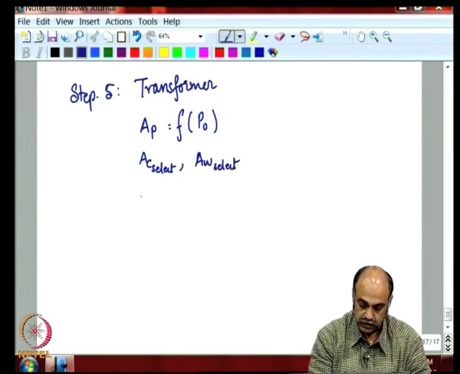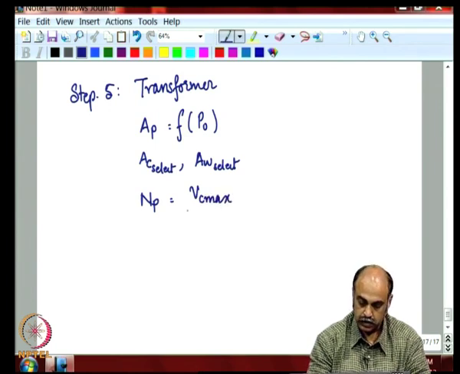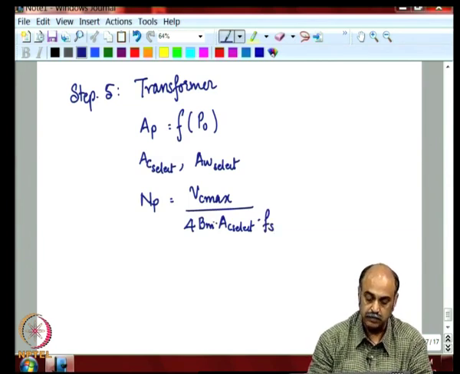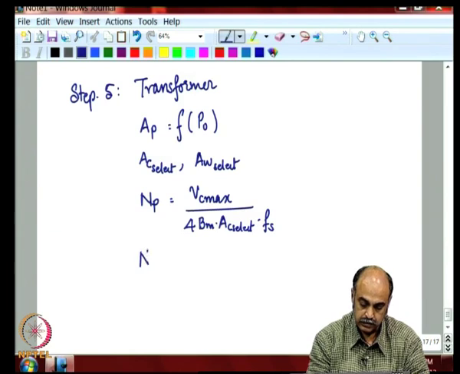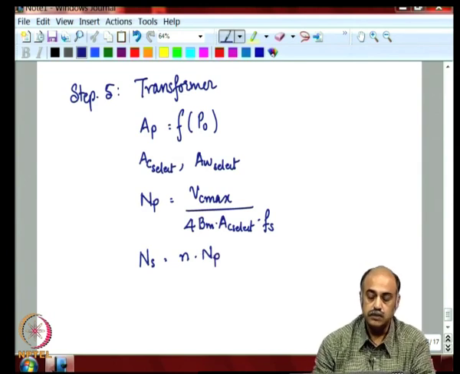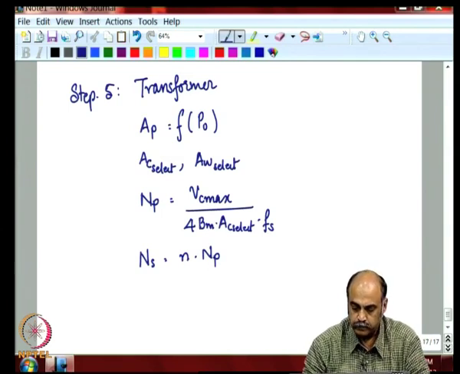So, once the core has been selected, you can calculate the NP using Faraday's law, which is nothing but Vc max. It has to support maximum voltage divided by 4 Bm AC selected into Fs. This is nothing but from the Faraday's law. Ns is nothing but N times Np. So, if you get fractional terms, you round it to the nearest integer.